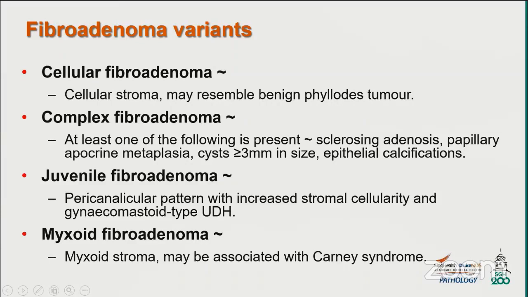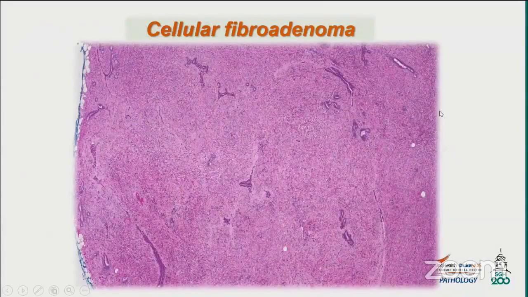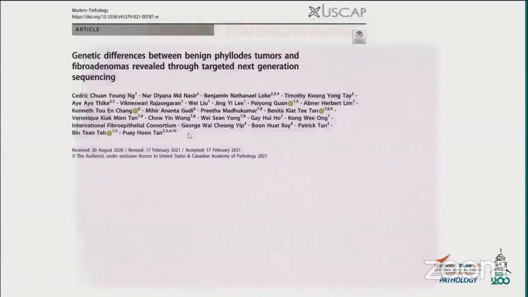There's the juvenile fibroadenoma, which generally displays a pericanalicular growth pattern with increased stromal cellularity and gynecomastoid type of usual ductal hyperplasia. The myxoid fibroadenoma is typified by the presence of myxoid stroma and may be occasionally associated with the Carney syndrome. A cellular fibroadenoma is typified by the dense aggregation of the stromal cells.